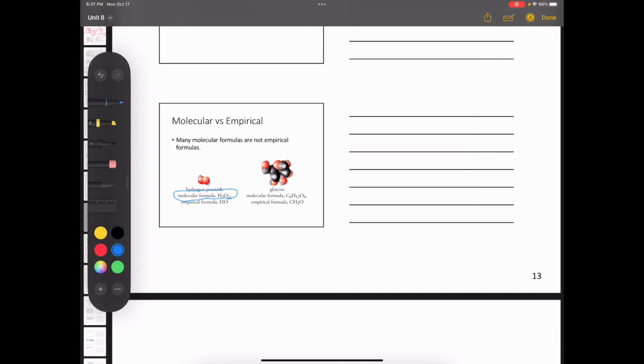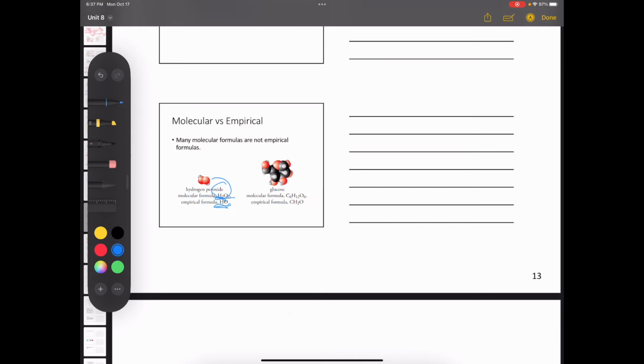So if I divide both subscripts by a factor of 2, I will end up with HO as the empirical formula. So for hydrogen peroxide, the molecular formula is H2O2, and the empirical formula is HO, because HO is the simplest ratio that represents the count of atoms for hydrogen and oxygen. The molecular formula is not the simplest; it presents the actual count for hydrogen and oxygen.